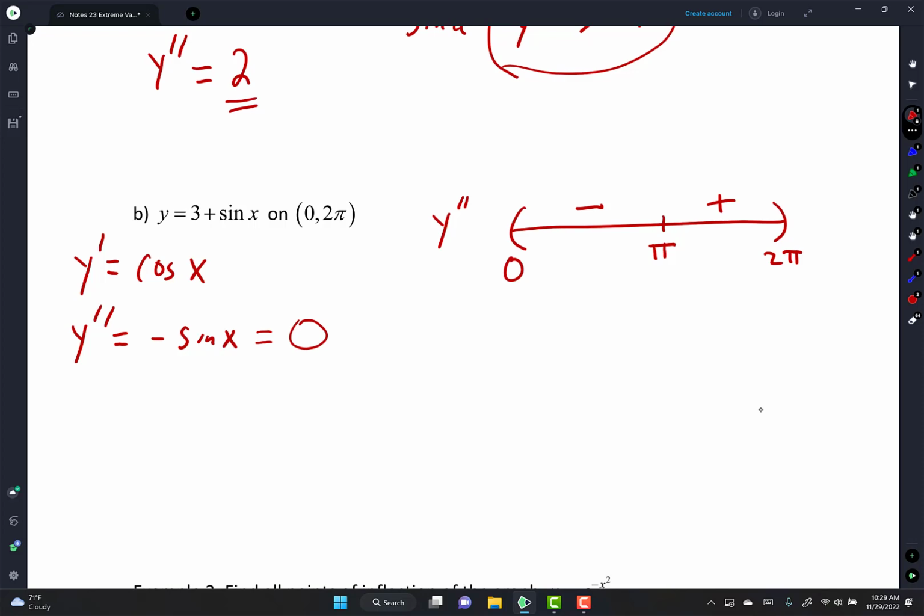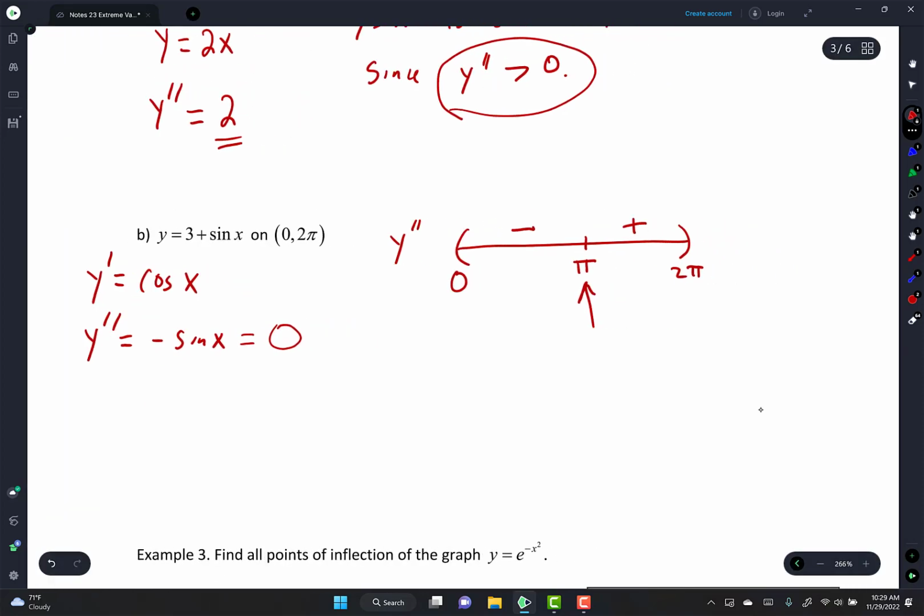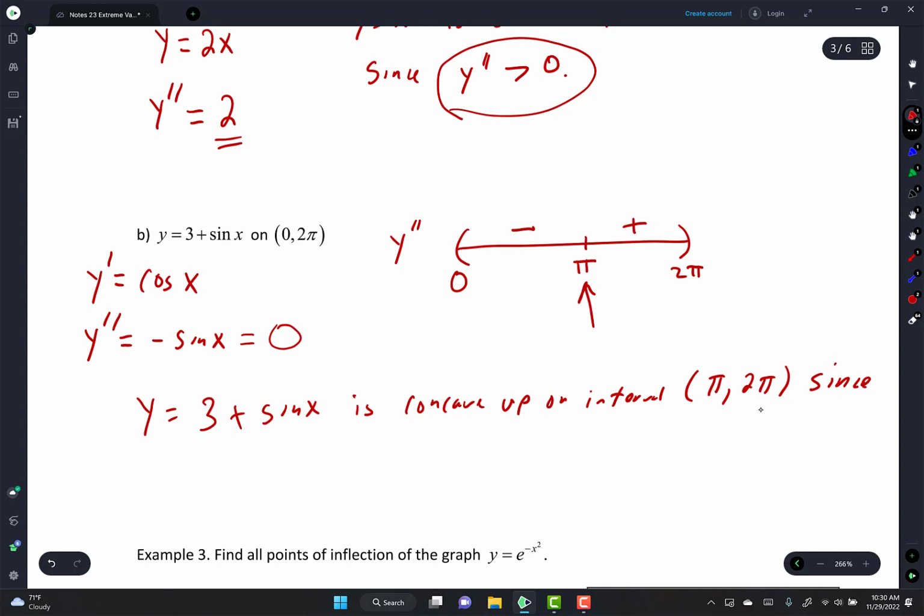Do I have a point of inflection? Yes, at pi. So for this one, I would say y equals 3 plus sine x is concave up on interval pi to 2 pi, since y prime prime is positive on this interval.